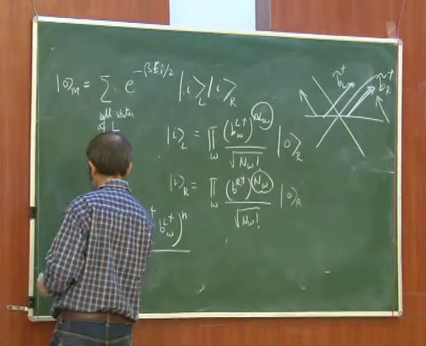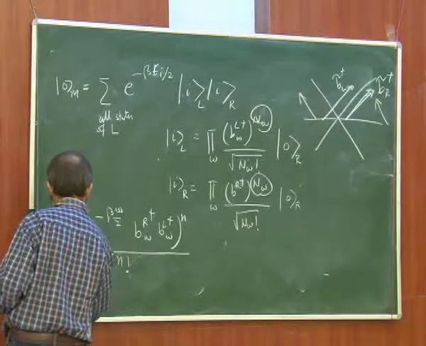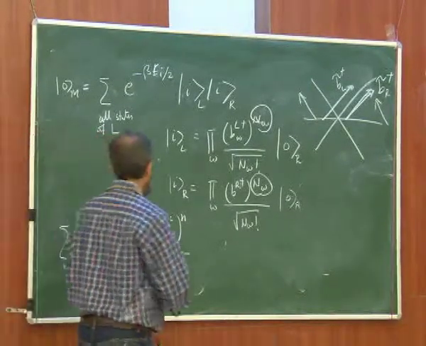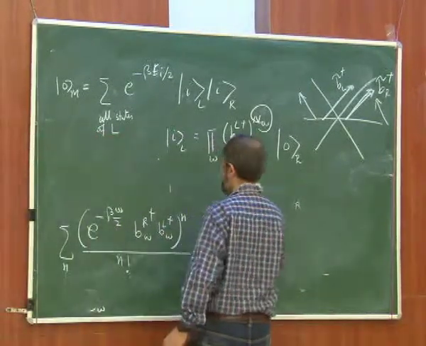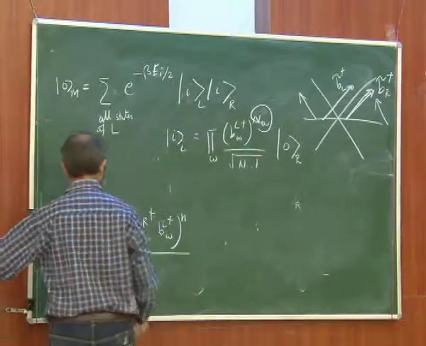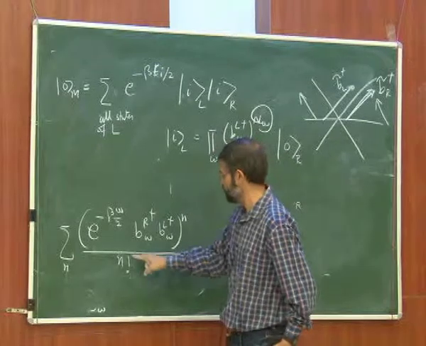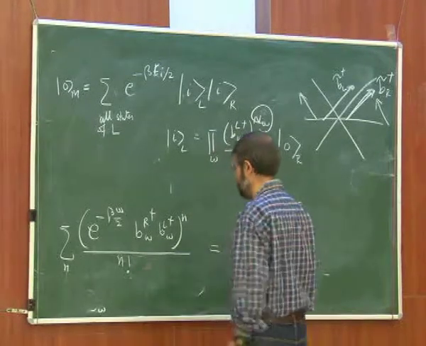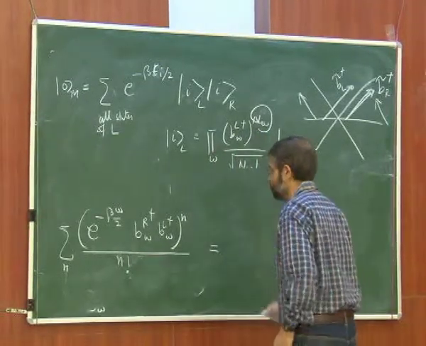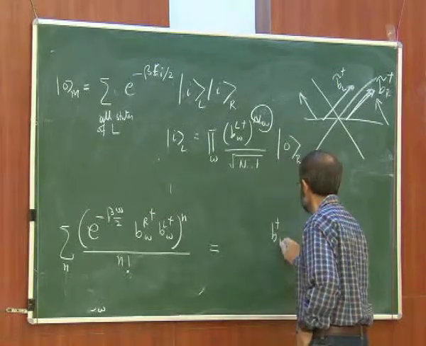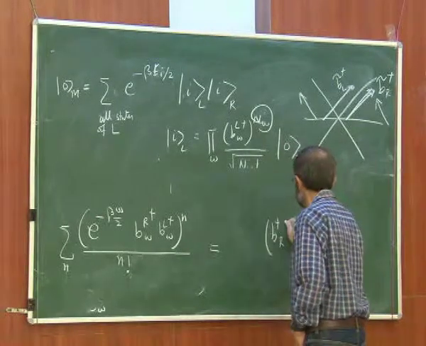Now what you can do is to split the factor of 1 over square root of n factorial into square roots. So, to be precise, this is what it is.